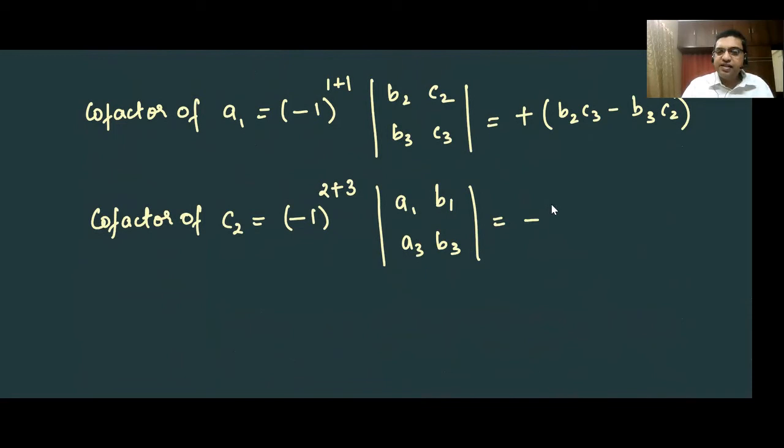So you get a minus sign, A1 B3 minus A3 B1. Like that, we can find the cofactors of all the elements.